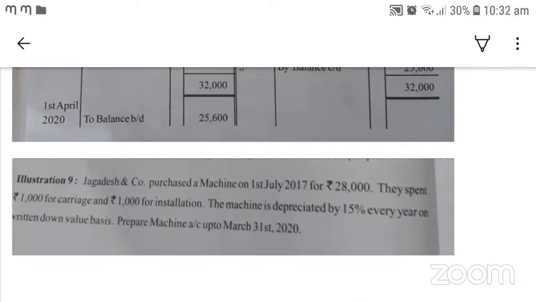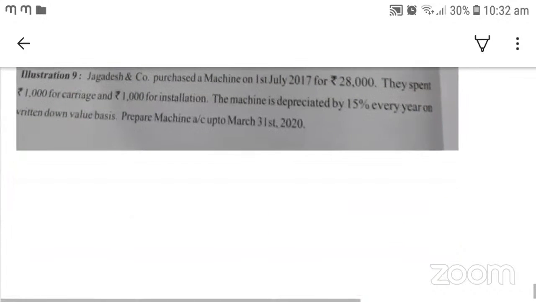Okay, here he has mentioned to prepare for 3 years. 3 years machine account. Okay, here we have to prepare for the 3 years. Here machine account.